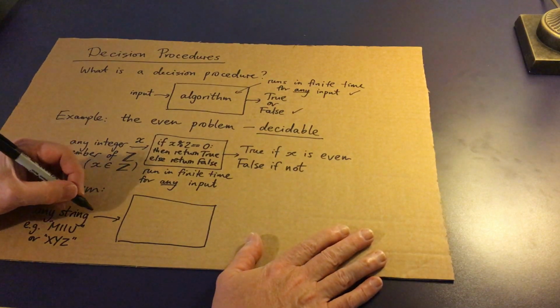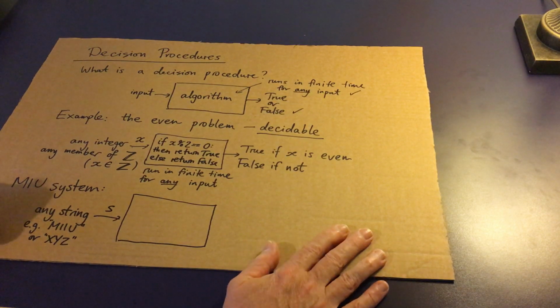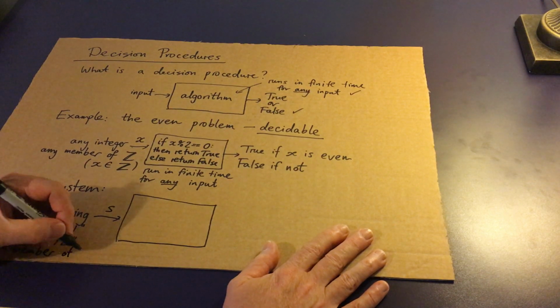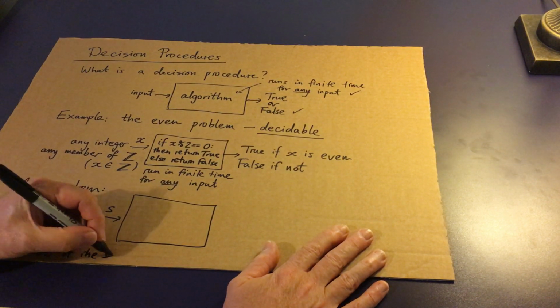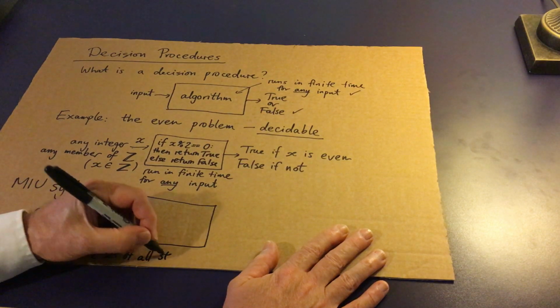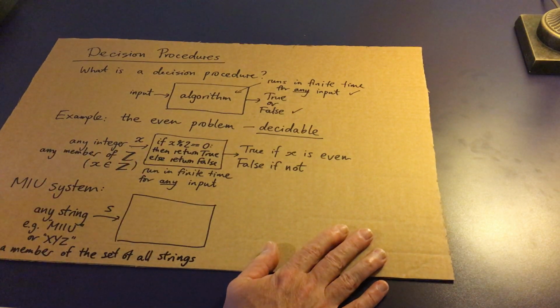Let's give it a name. Let's call it S. So S is a member of the set of all strings. Obviously that's going to be an infinite set. Any string you like, you can put it in.